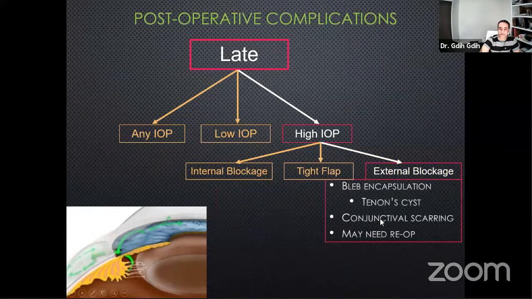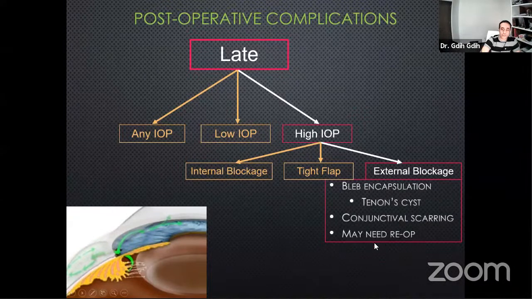Bleb encapsulation is usually a Tenon's capsule that goes around the bleb and just forms around it to prevent any further diffusion of the aqueous humor. And also you can have conjunctival scarring, just a flat bleb where there's no flow at all.